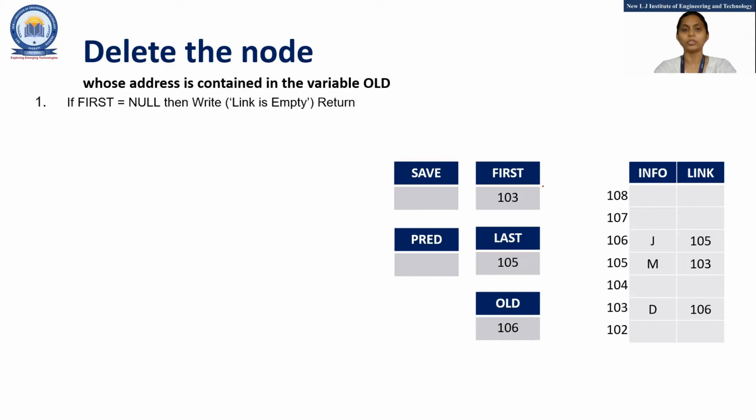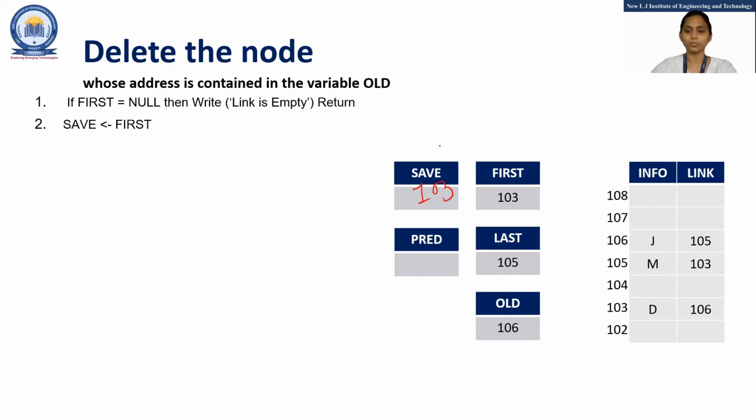Fine or not? So what is the first condition? Check whether my linked list is empty or not. If it is empty, no need to traverse or check anything. Then initialize the save pointer with the first value. First is right now having 103. So save is 103, right?